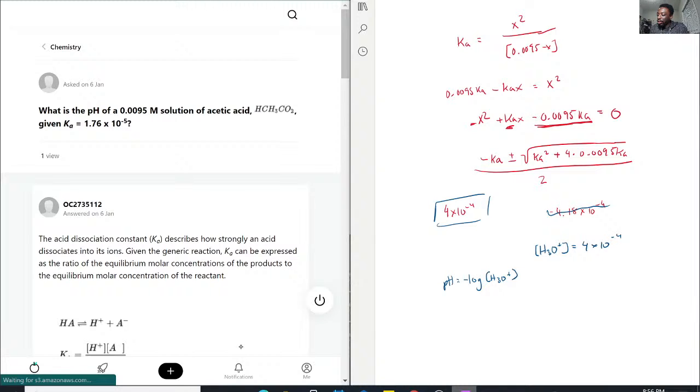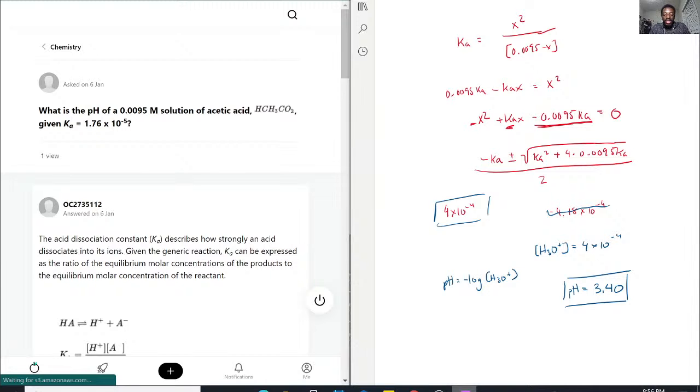Let's pull back that number, and negative log of that. And we get that the pH, based on the 4 times 10 to the negative 4, is equal to 3.397 or 3.40, around there, once we have rounded.